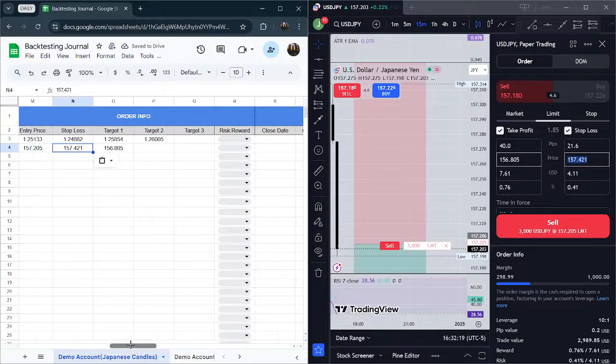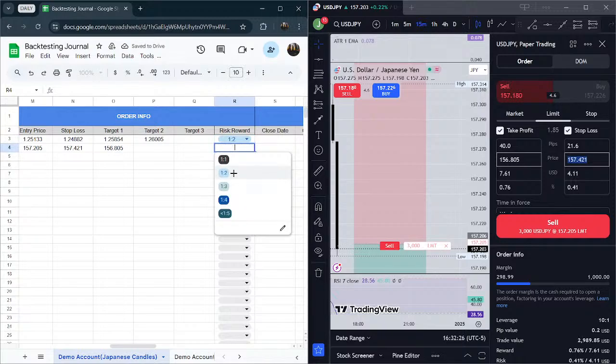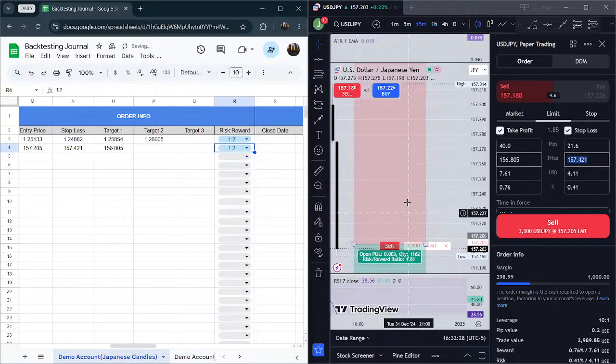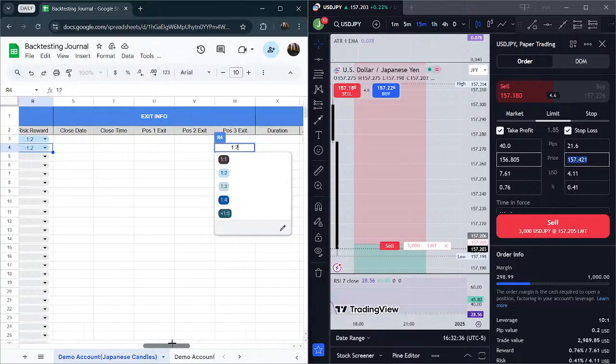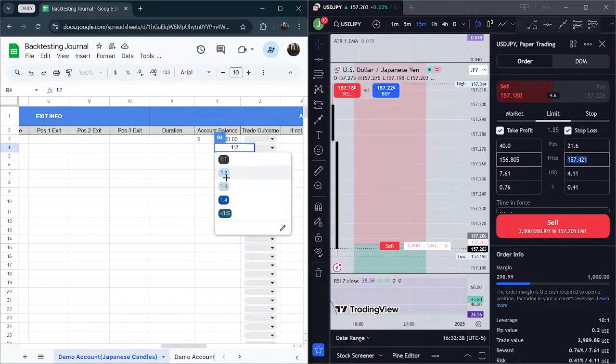The risk reward ratio was about 1.2 here. We had 1,000 in our account.